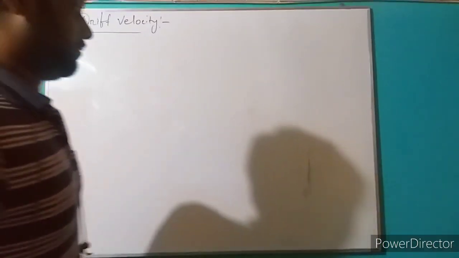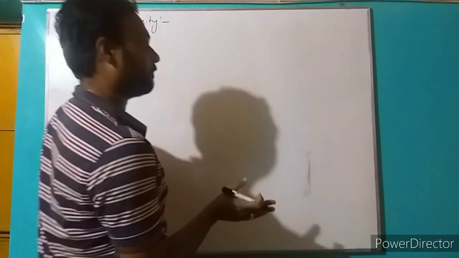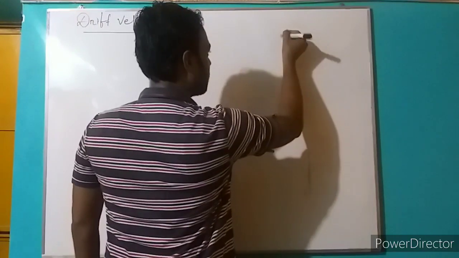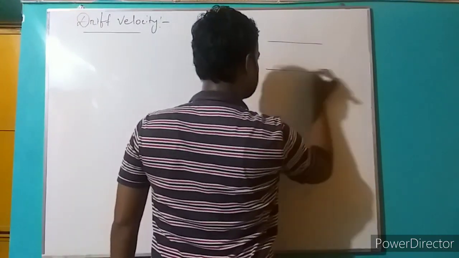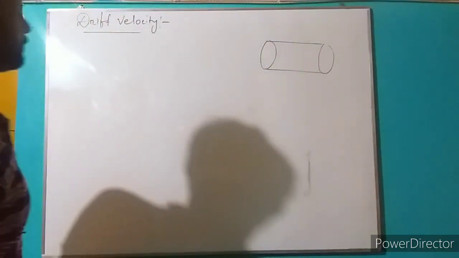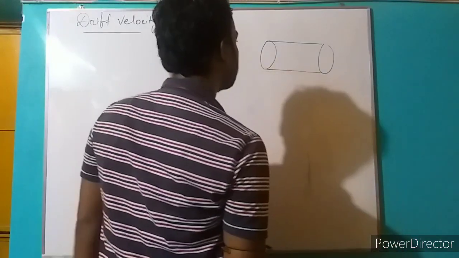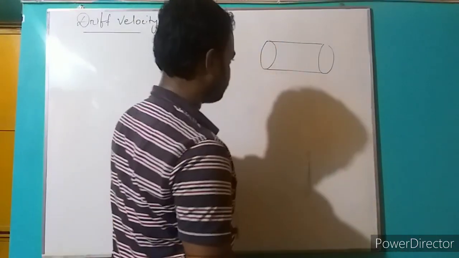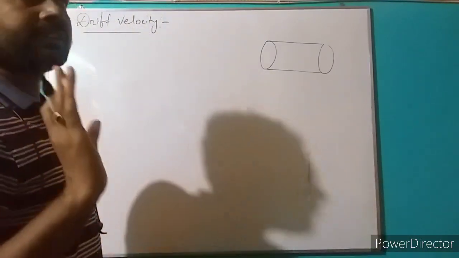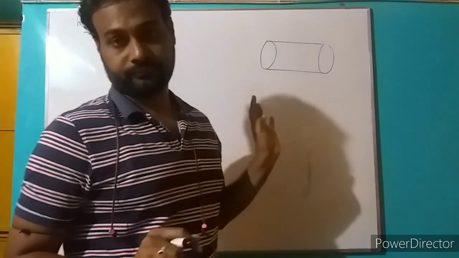Now I am going to a topic called conductor. So this is a conductor. Now we know that in an isolated conductor, the electric field inside becomes zero.